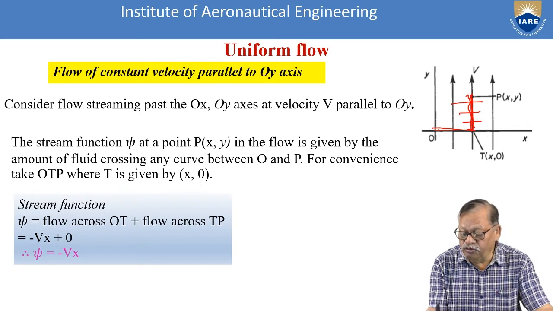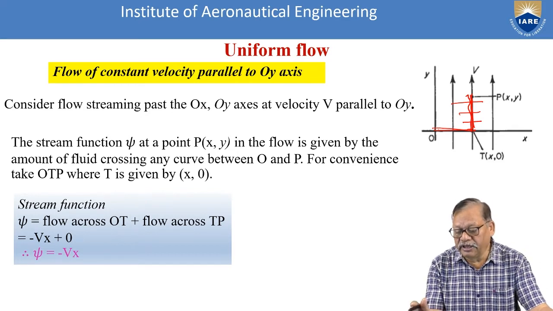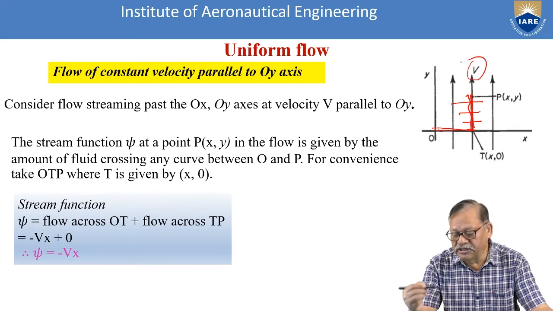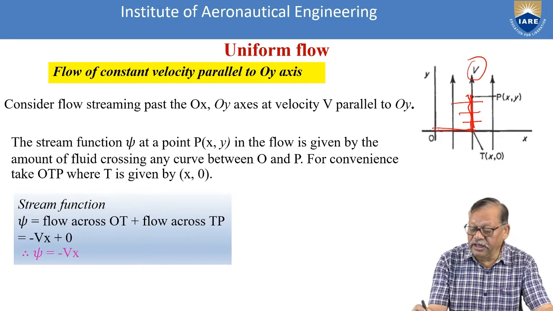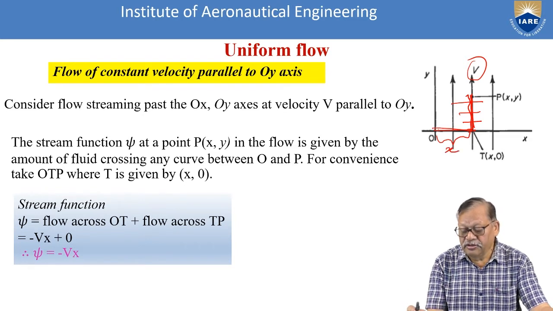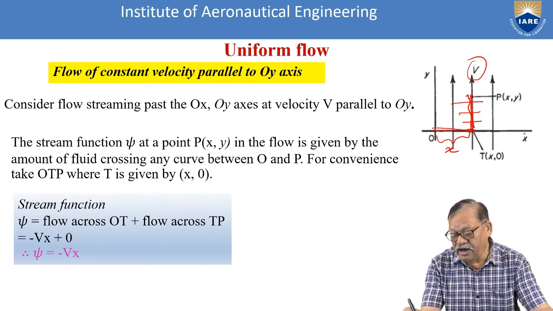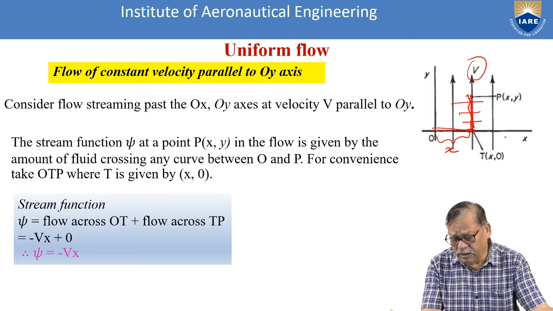So how much is flowing on OT? The flow along OT is V. Here we have not considered U. It is the velocity, the y component, which we have taken as V. So V into x, where the distance is nothing but our x. If we consider it farther up, it will have more flow.